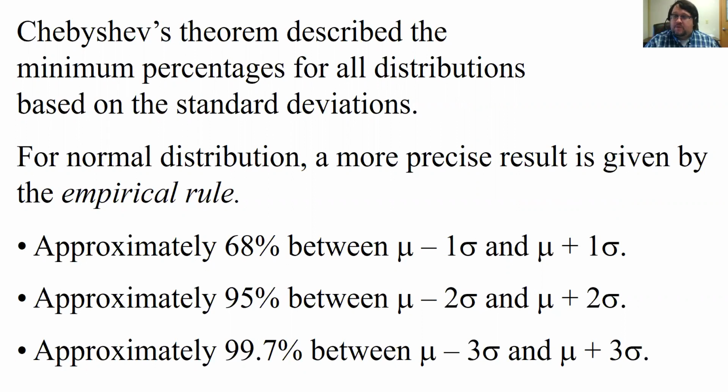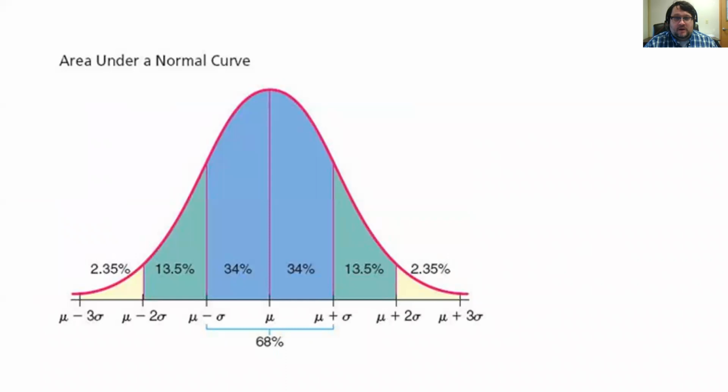Again, remember when we talk about probabilities, you always refer to those as either a proper fraction or a decimal between 0 and 1. You don't use percentages for probabilities. All right, so here's how that breaks down. Here's the area under a normal curve. So again, you had 68% between 1 standard deviation above and below.